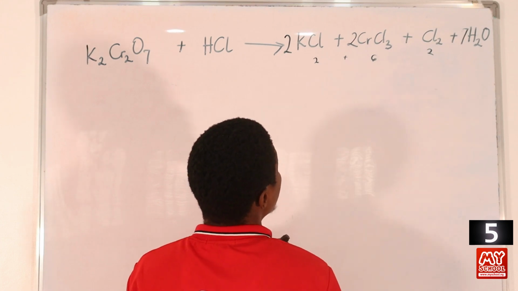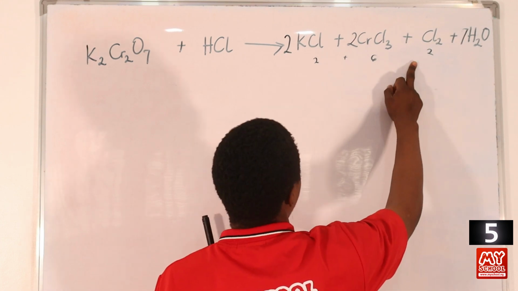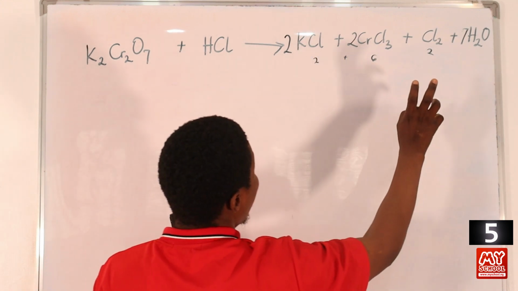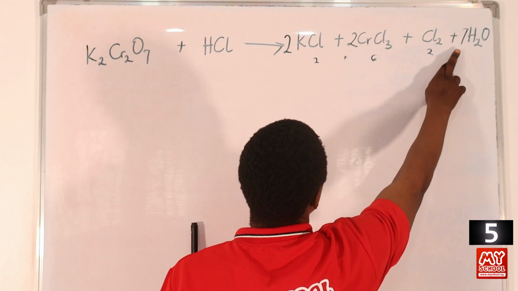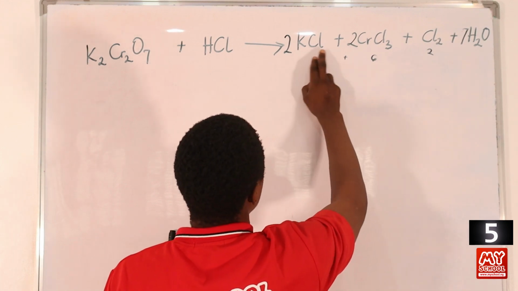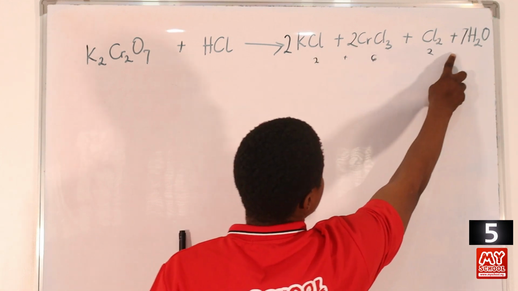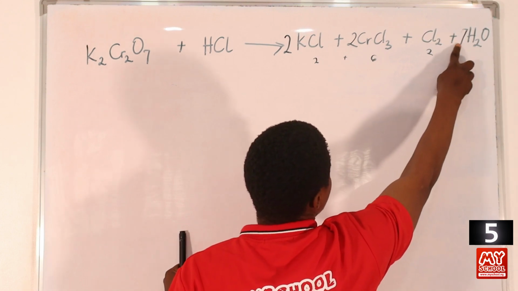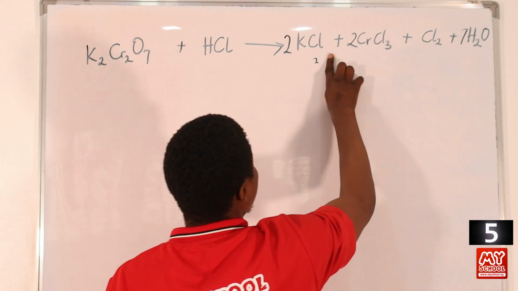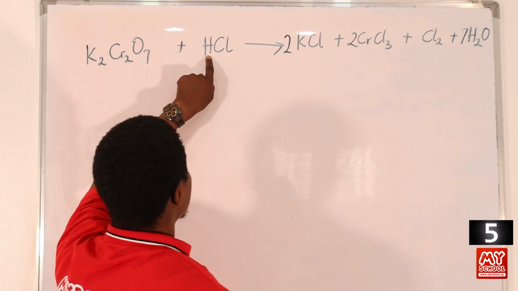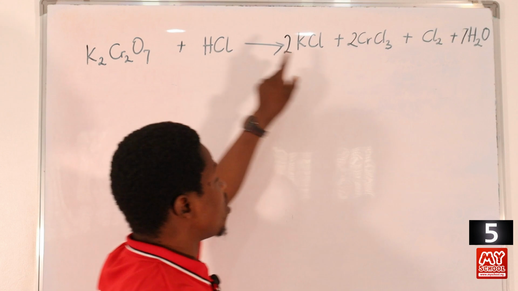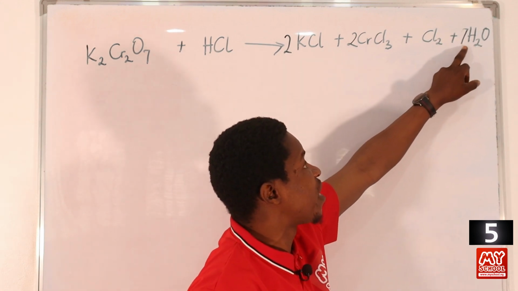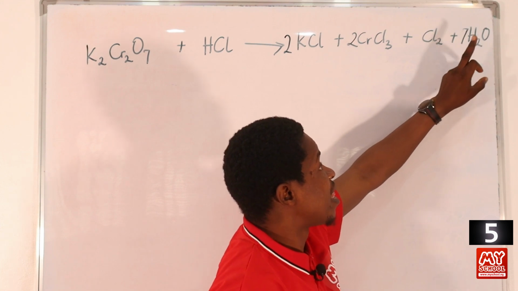So we have 10 chlorine on this side. Then let's also look at how many hydrogen we have here. Since it is only hydrogen that we have here, you can multiply to get the number of moles of hydrogen we have on this side. 7 times 2, that is 14.